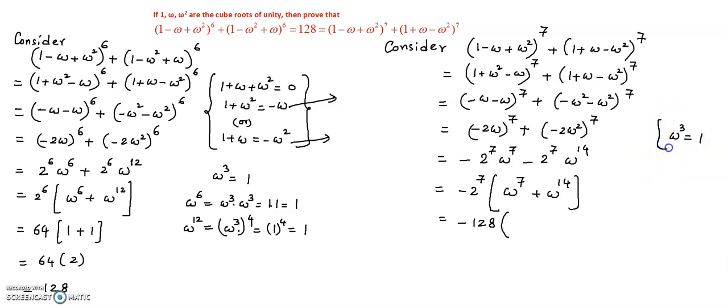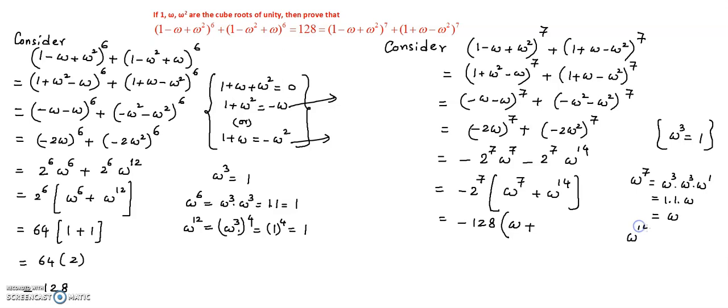Now omega power 7, again we can use the condition product of cube roots of unity is 1. So using this condition we can write omega power 7 in terms of omega power 3 as omega power 3 into omega power 3 into omega power 1. Omega power 3, remember, is 1, so 1 into omega equals omega. So omega power 7 can be written as omega.